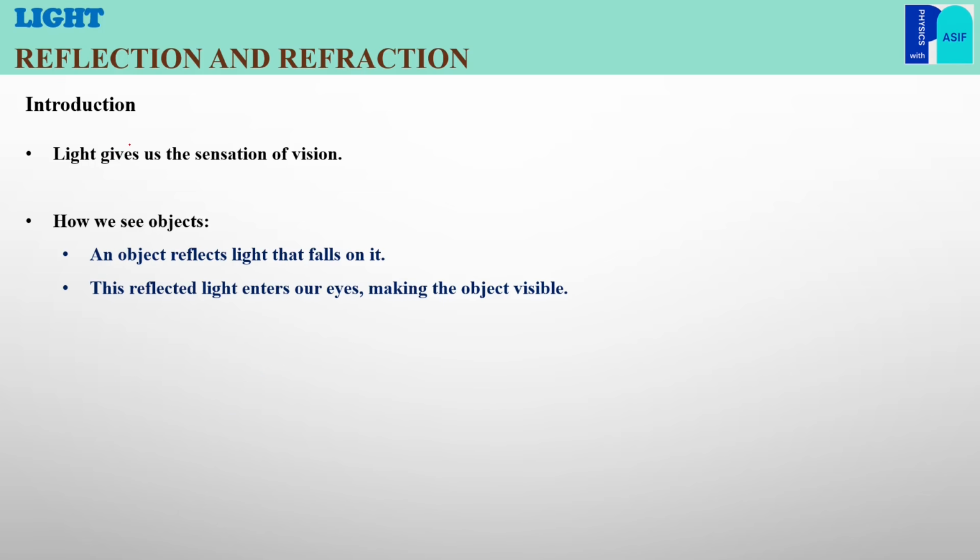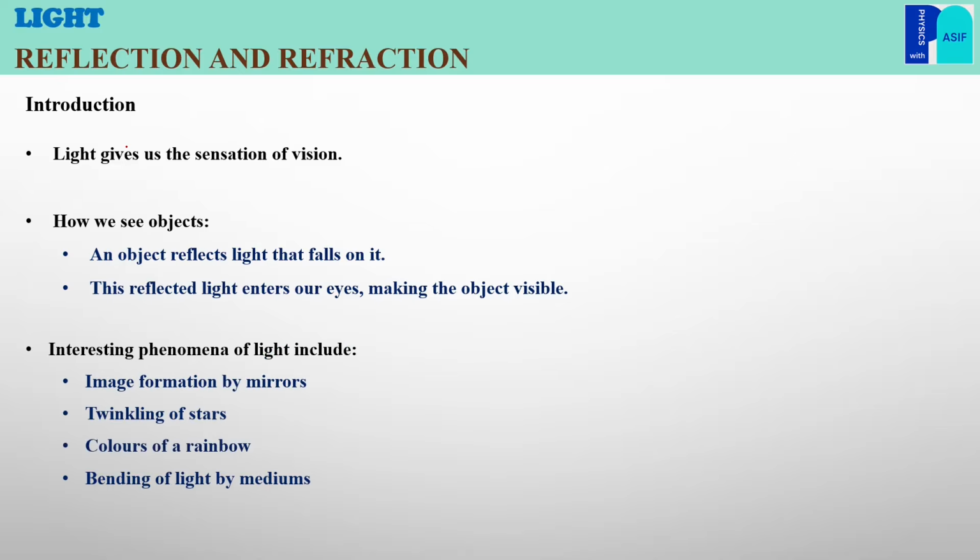And next point, what else we have learned earlier. In the lower classes, we have already studied the basic phenomena of light, like reflection of light and refraction of light, through naturally occurring phenomena like image formation by mirrors, twinkling of stars, the colors of a rainbow, and bending of light by mediums.